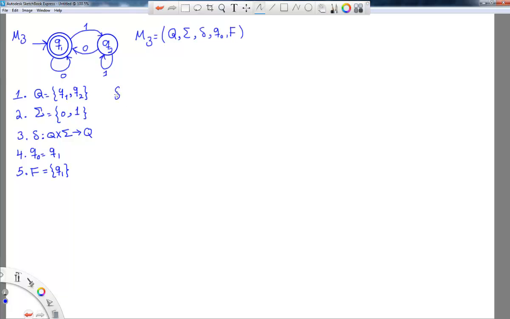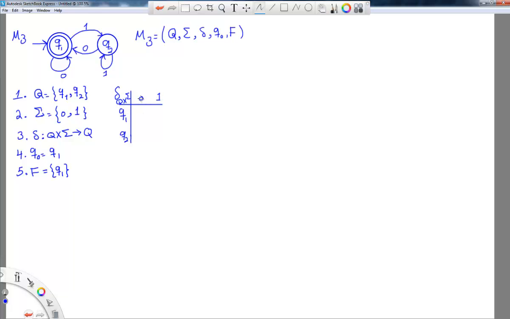So the delta, my transition function, again is going to be a table. I'm going to represent it in a tabular format again, of Q cross Sigma. So Q sub 1 and Q sub 2 are my states on this transition table, and 0 and 1 are going to be my inputs.